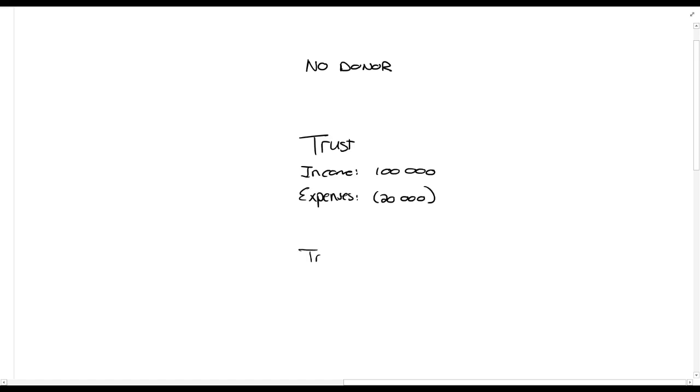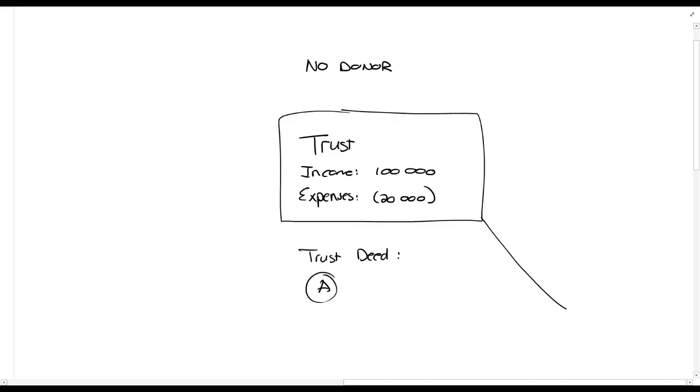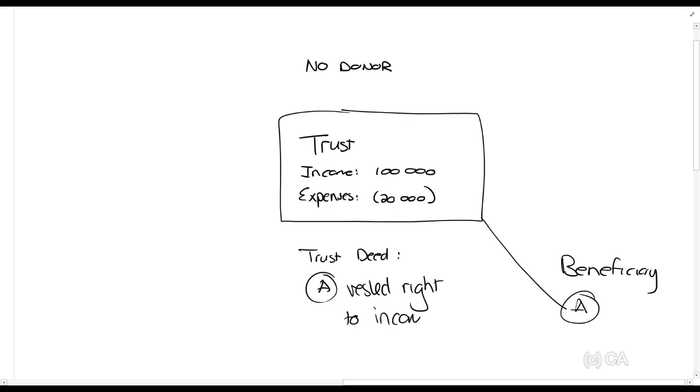The trust deed says A, who is a beneficiary, has a vested right to the income, and that specific income in this case.